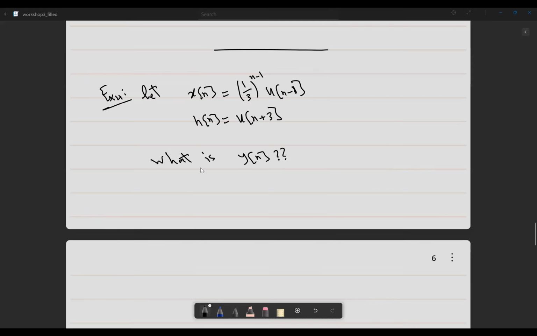What's the relationship between y[n] and those two signals? Is y[n] just x[n] convolved with h[n]?